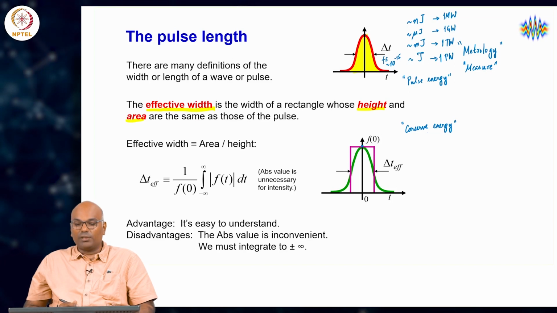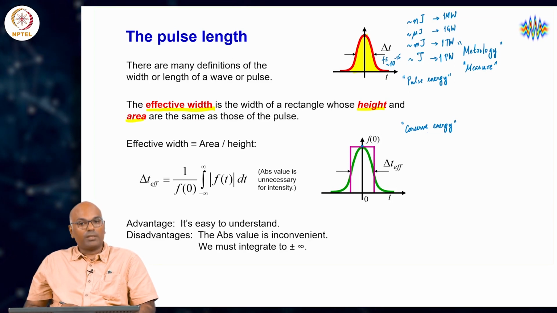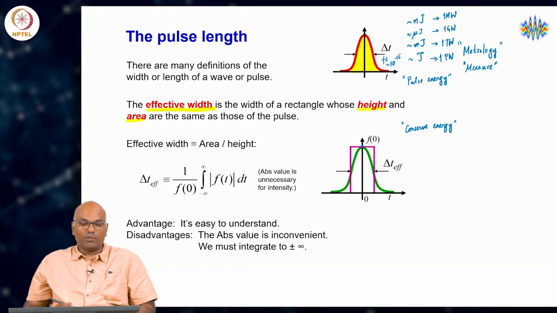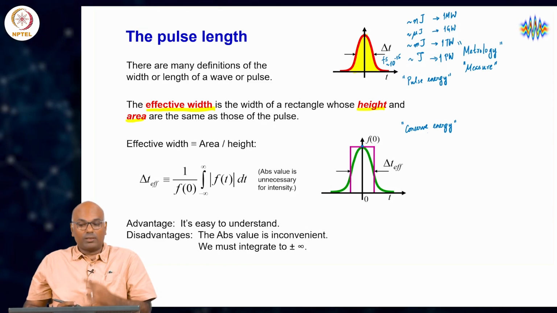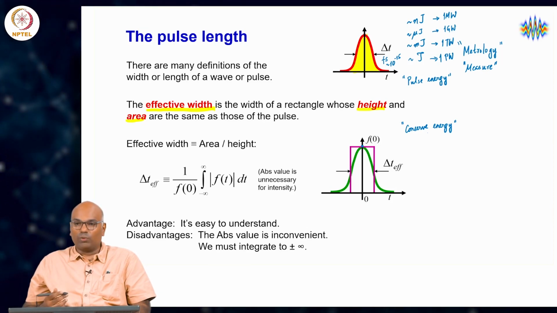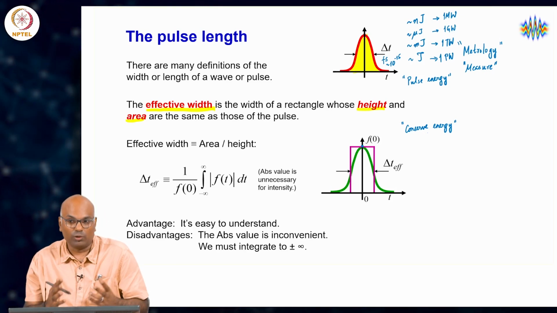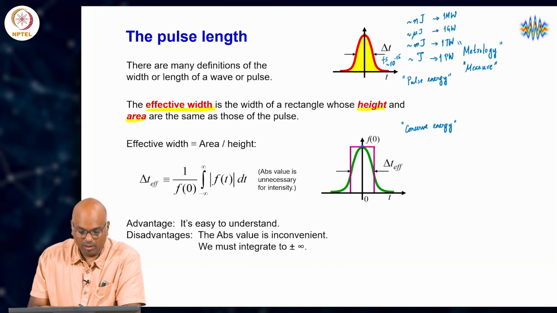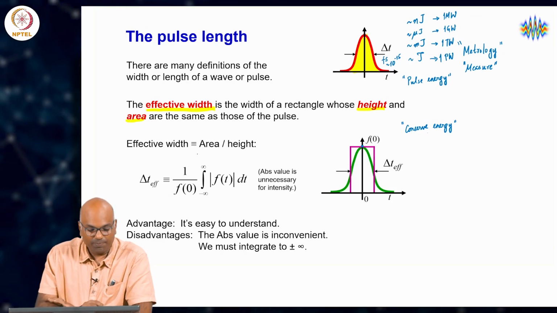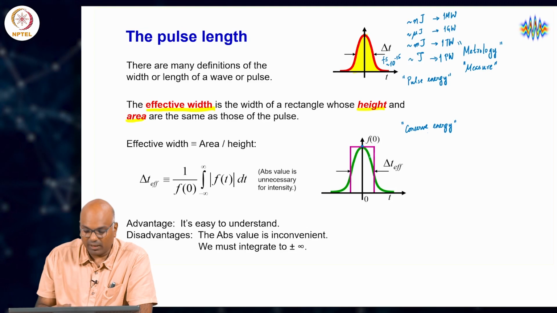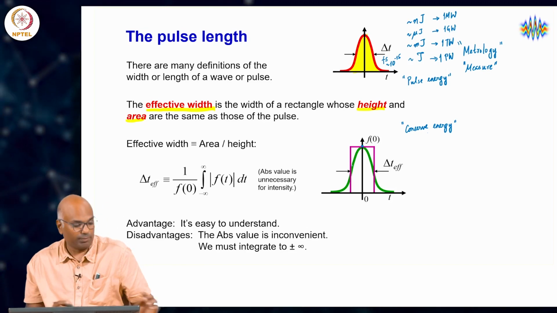So, single pulse energies there could possibly be higher, whereas as of today, to the best of my knowledge, for microjoule pulses at similar wavelengths, one has to go to a free electron laser, which is an accelerator based photon source. But whatever it may be, the effective width is area divided by the height, a very simple measure. Okay.